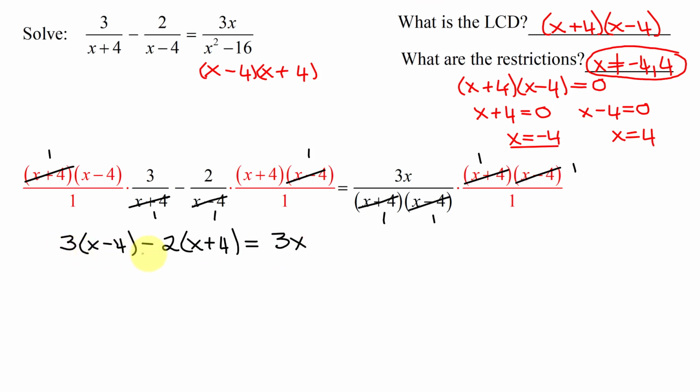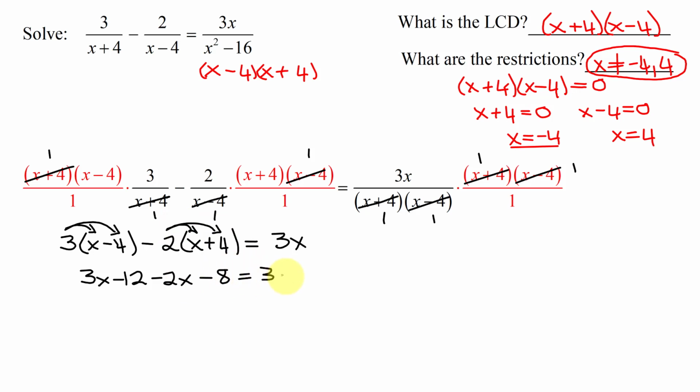So to solve this equation, I need to get rid of the parentheses. So I'm going to use the distributive property. 3 times x is 3x, and then 3 times negative 4 is negative 12. Distributing the -2, -2 times x is -2x. -2 times +4 is -8.